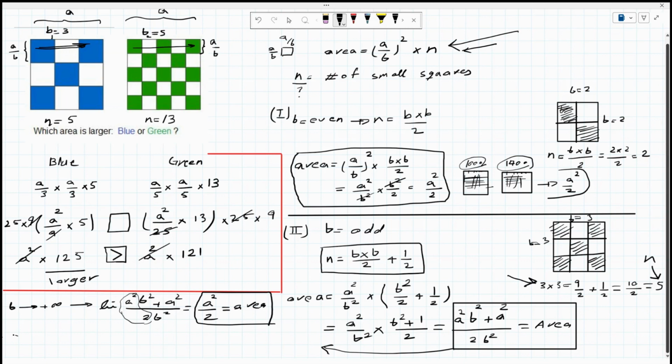But if b is equal to 1, in that case, the area will be (a² multiplied by 1 plus a²) divided by 2 multiplied by 1. So this is 2a² divided by 2, equals a².